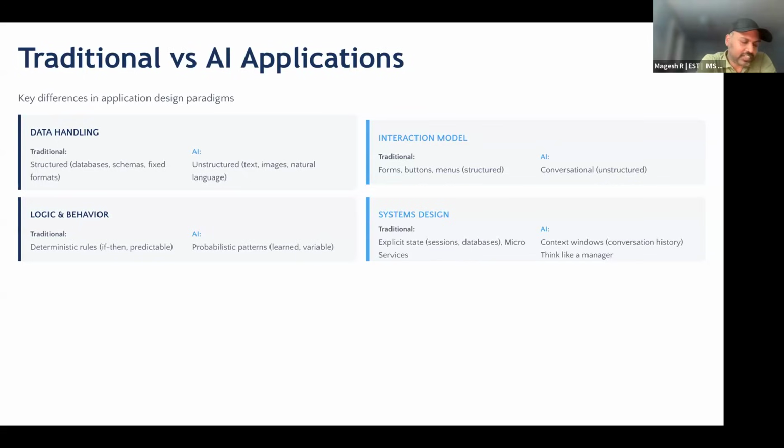RAGs and a lot of these techniques help to minimize it. But a lot of care needs to be taken in the application to ensure that it doesn't respond to some of the questions, right? When you design typical systems, you will think about state management. Is it going to be microservices, and so forth.